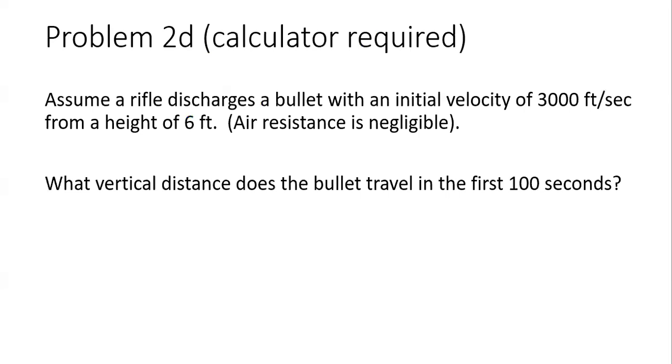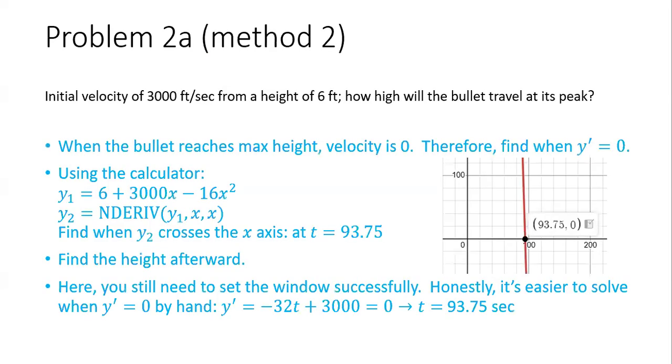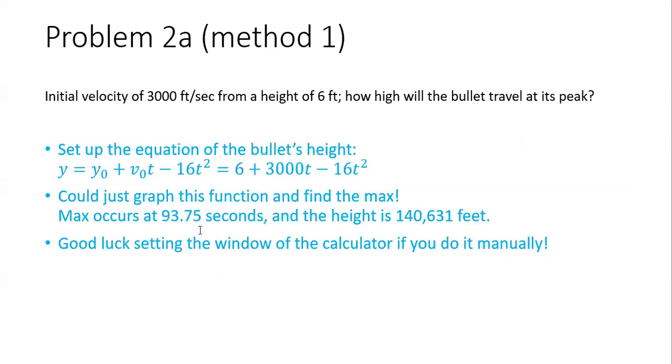Okay, part D, last one. What vertical distance does the bullet travel in the first 100 seconds? Be careful with this one. So in the first 100 seconds, well, let's go back to part A here.